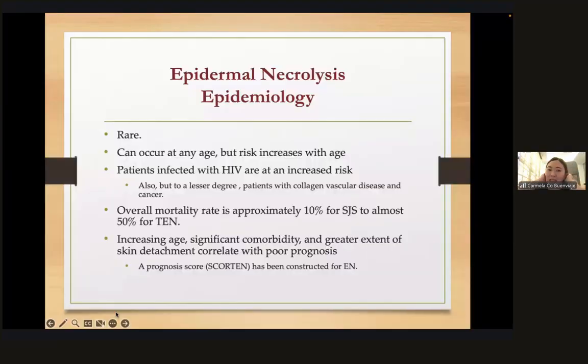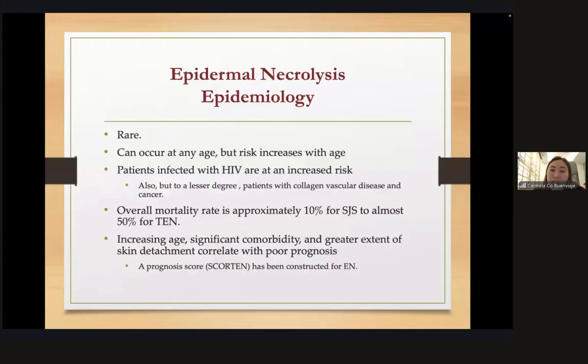Epidermal necrolysis is actually rare compared to the less severe drug reactions. It can occur at any age, but the risk increases with age. Patients infected with HIV, again, are at increased risk for epidermal necrolysis. Also, to a lesser degree, patients with collagen vascular disease and cancer have an increased risk.